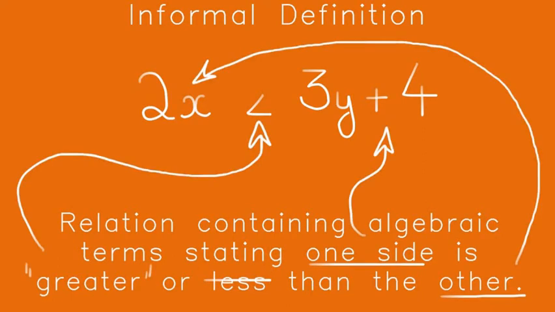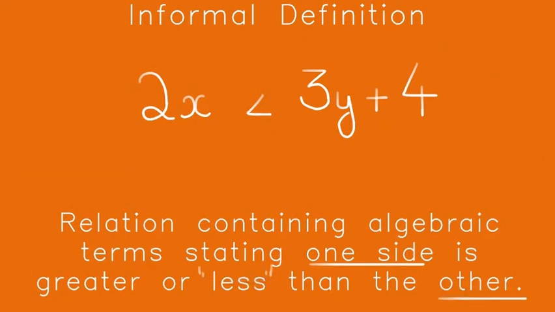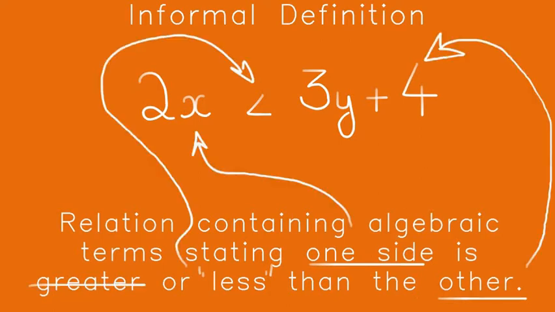Or you can say that the other side, 2x in this case, is less than 3y plus 4. Both of these say the same thing: that 2x is less than 3y plus 4 is the same as saying that 3y plus 4 is greater than 2x. And that is what defines the algebraic inequality.